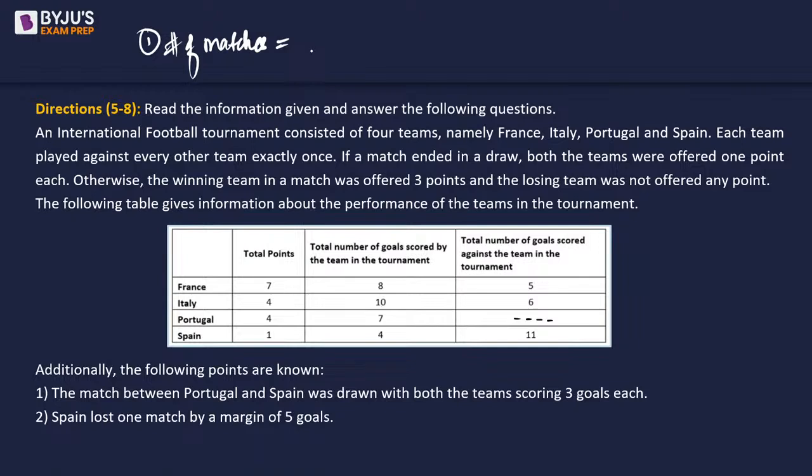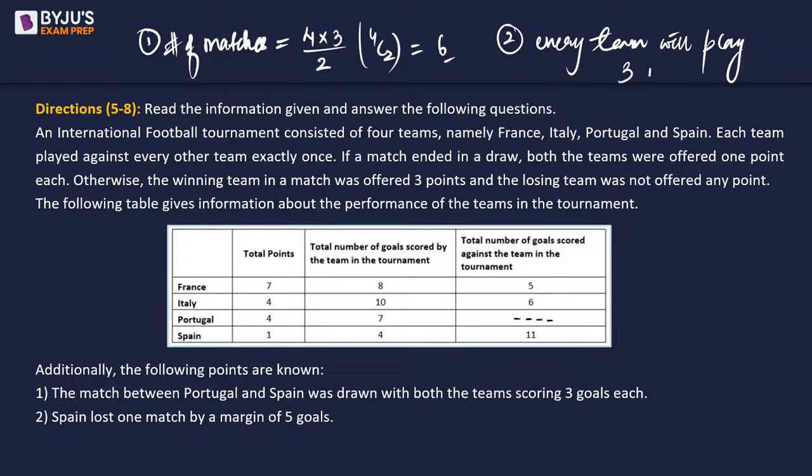Number of matches being played is always given as number of teams into the next smaller number divided by 2, जिसको अपन NC2 भी बोलते हैं. ठीक है, सॉल्व करोगे पता चलेगा टोटल 6 मैच होने चाहिए. सेकेंड थिंग इज कि हर टीम कितना मैच खेलेगी. सो सिंस देयर आर 4 टीम्स, सो एवरी टीम विल प्ले 3 मैचेस. फ्रांस इटली 1 मैच, फ्रांस पोर्तुगल दूसरा, स्पेन और फ्रांस तीसरा. इटली का देखोगे तो इटली को भी 3 मैच खेलने, एक फ्रांस के साथ, एक पोर्तुगल, एक स्पेन. राइट, सो एवरी टीम विल प्ले 3 मैचेस.